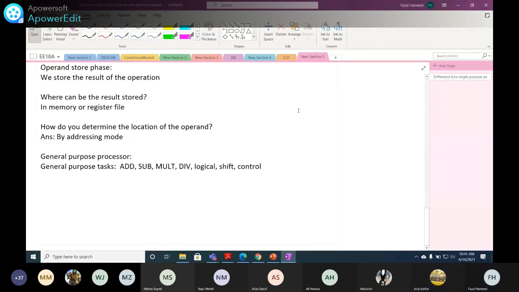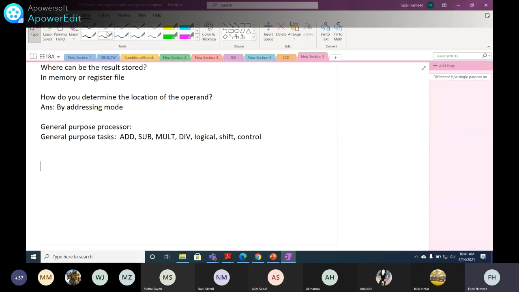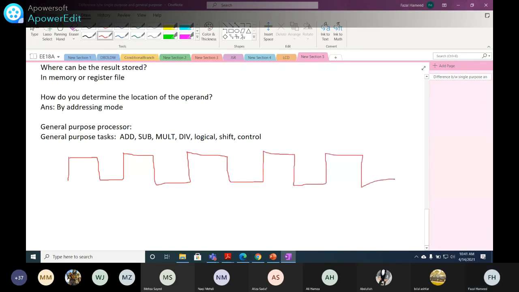Okay. Now, if we look at the details of a processor, it consists of a clock, and we measure time in terms of the clock interval.